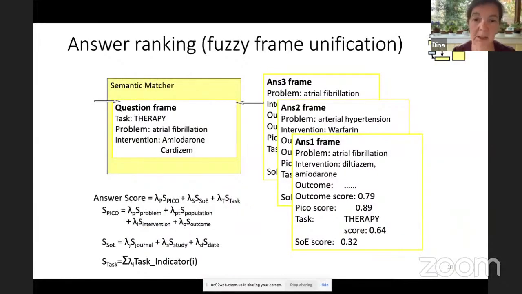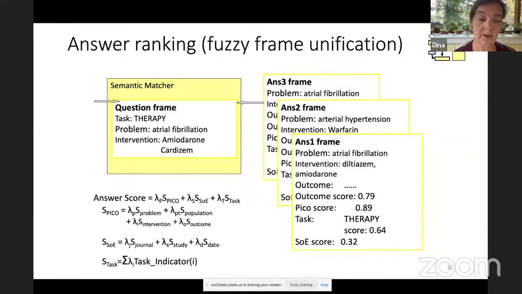And then, as I said, we align these answer frames with the question frames. And in addition to the frame match, we also take into account the strength of evidence in that article. Was that a randomized clinical trial, or maybe it was just observed in animals? Also, the recency of the publication.